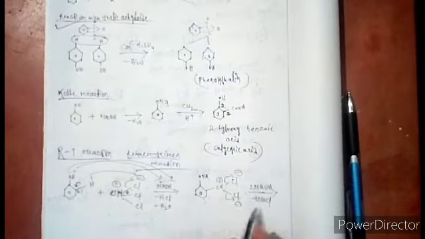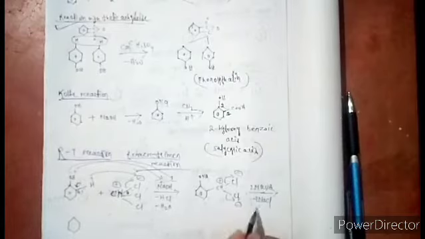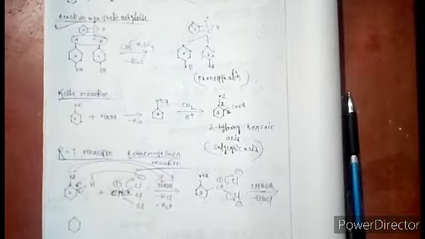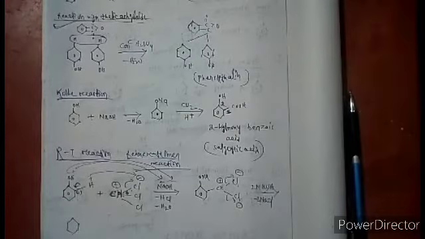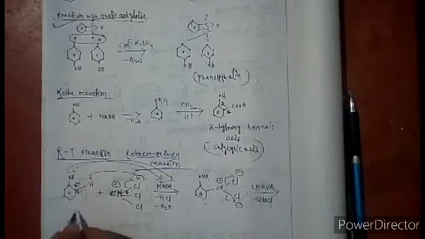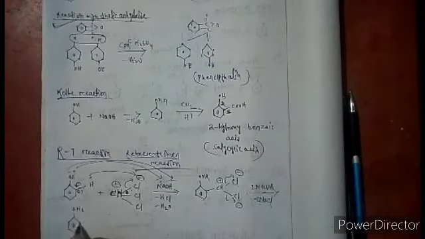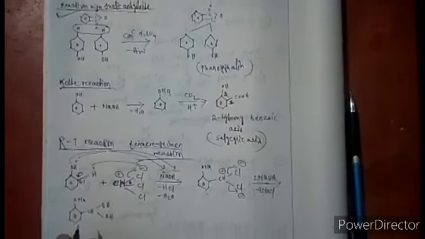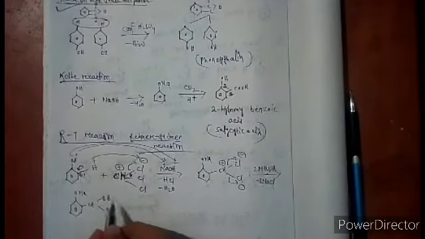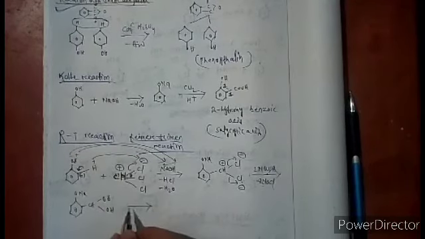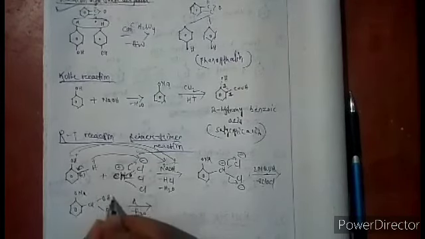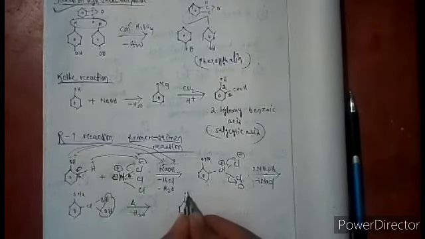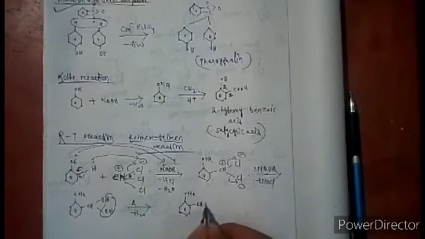and here with the removal of 2 sodium chloride, attached CHOH, that is, here we give heat, then the removal of water, that is sodium phenoxide attached with the CHO.